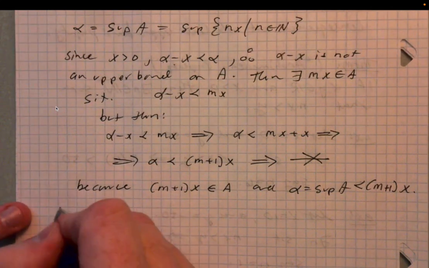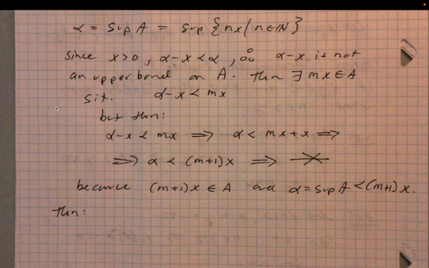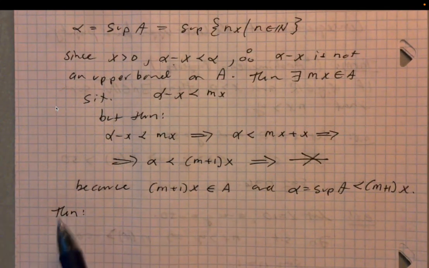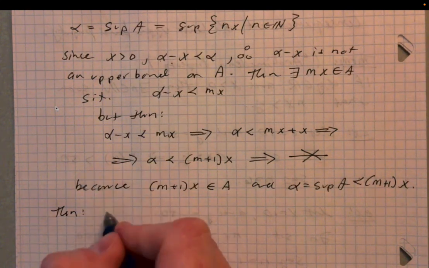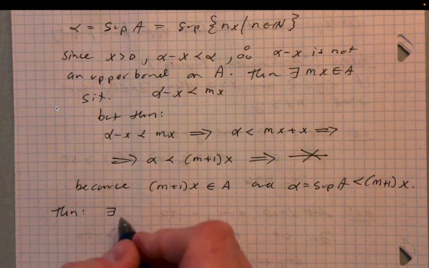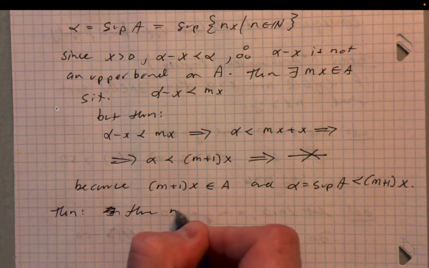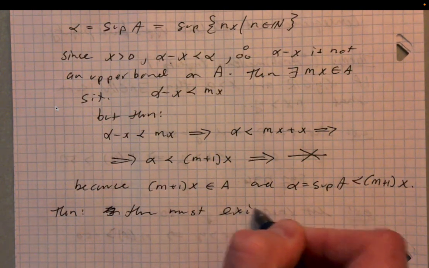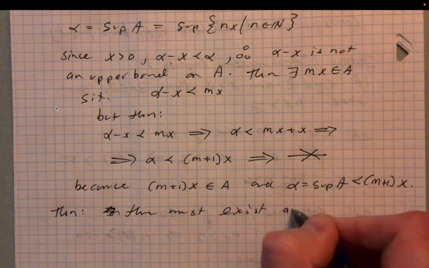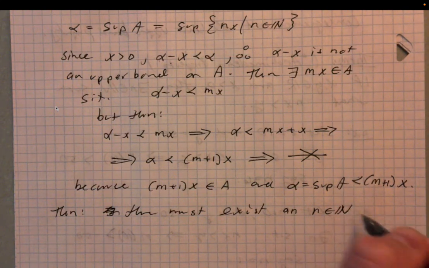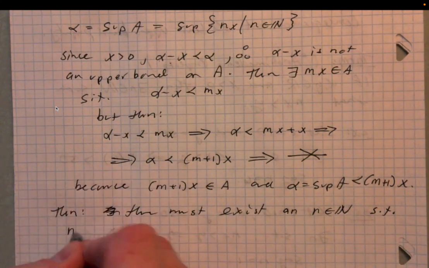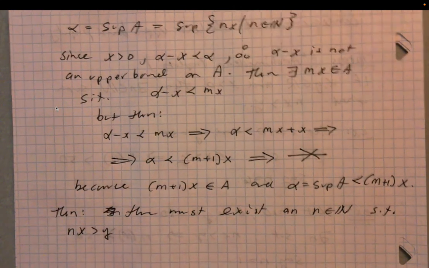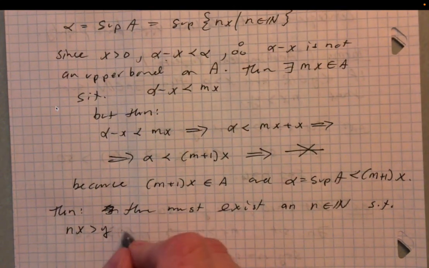Okay, so the idea here with this proof by contradiction is that you go back to the assumption that caused the problem and you flip it. So then there must exist an n in the natural numbers such that nx is greater than y, which proves the result.